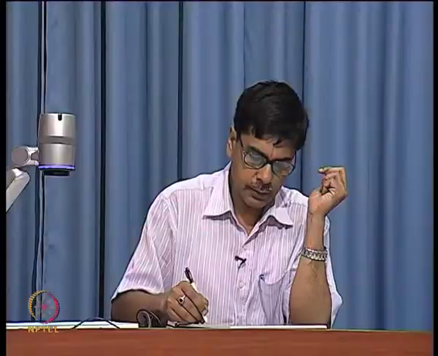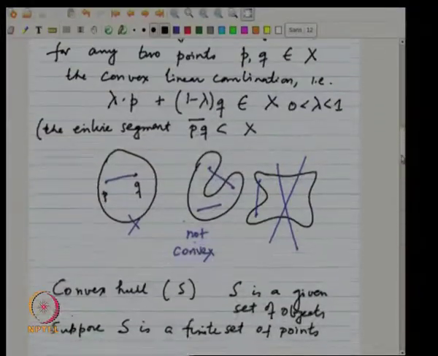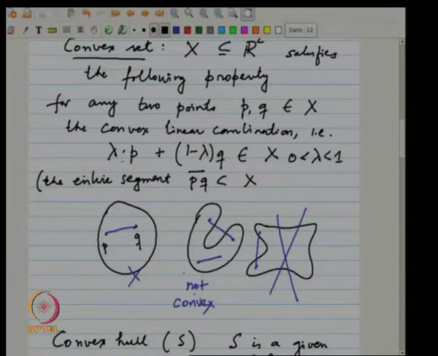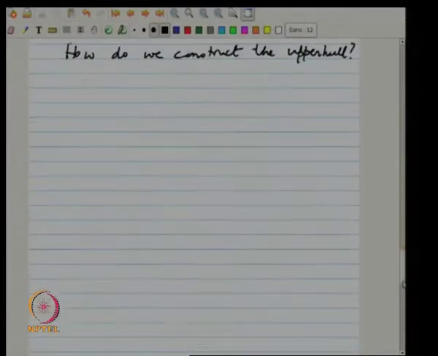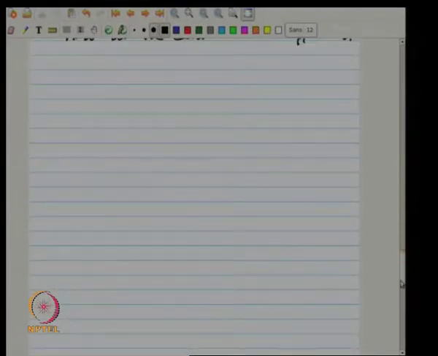Just recall, this is the definition that I am referring to, lambda p plus 1 minus lambda q. This is called a convex linear combination. So, a boundary point is a point which cannot be expressed as a convex linear combination of 2 points in the convex hull. So, that is another alternate definition.